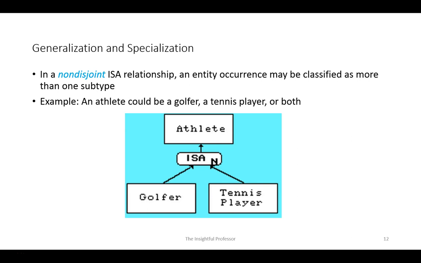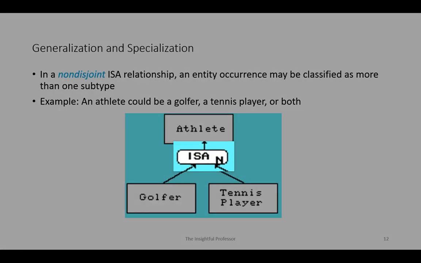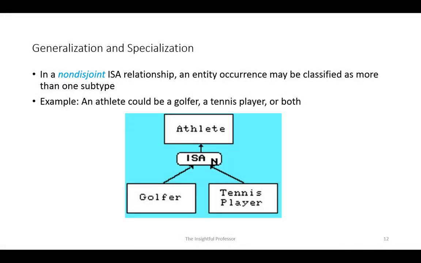Is it possible that an athlete could be both a golfer and a tennis player? If that's the case, our disjoint is-a relationship would not allow the athlete to be both. But here, by noting non-disjoint, again using our notation with the N within the is-a relationship, we say the athlete could be a golfer, a tennis player, or both.